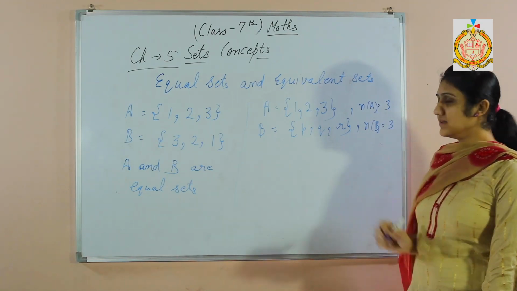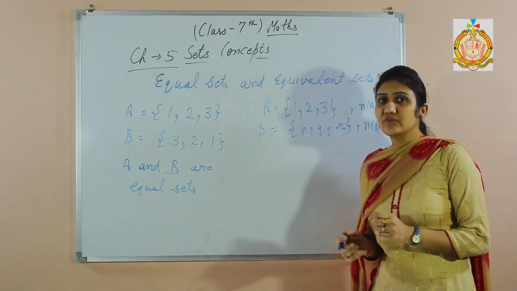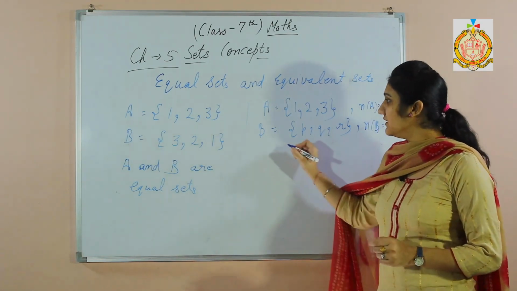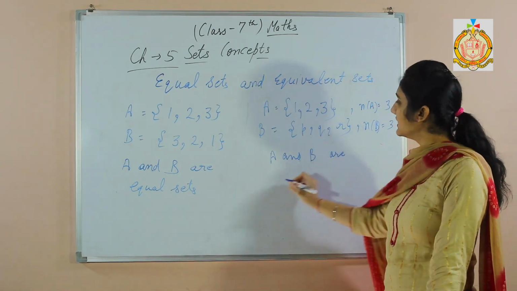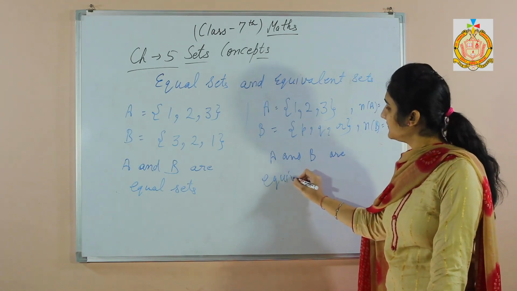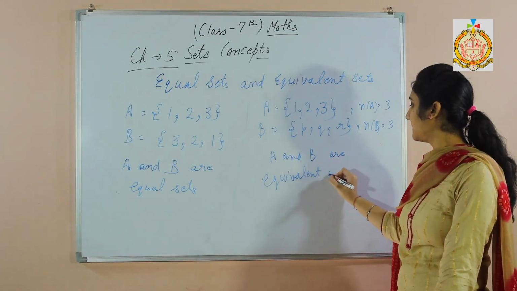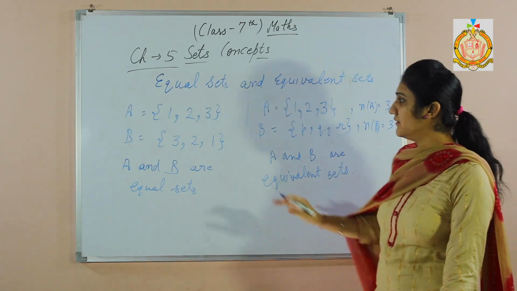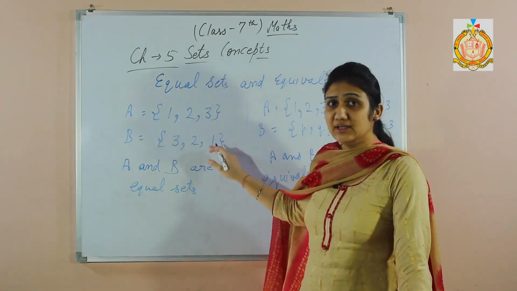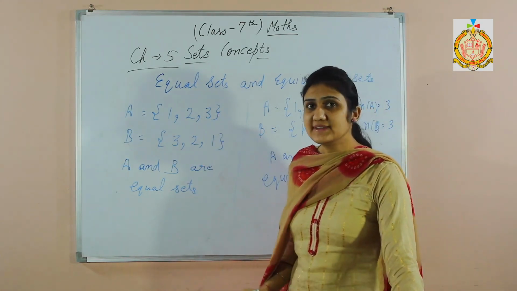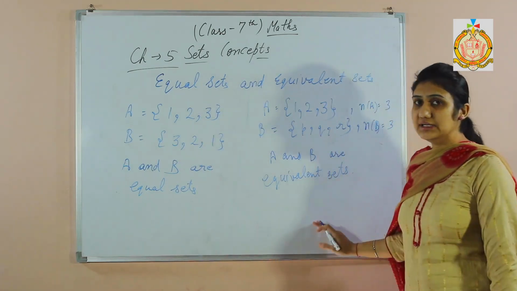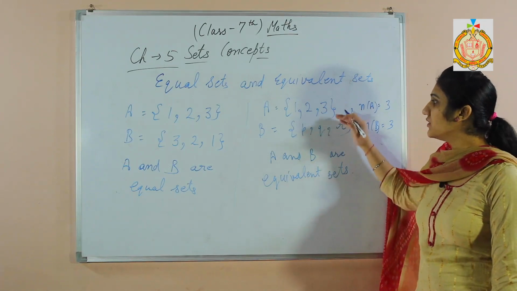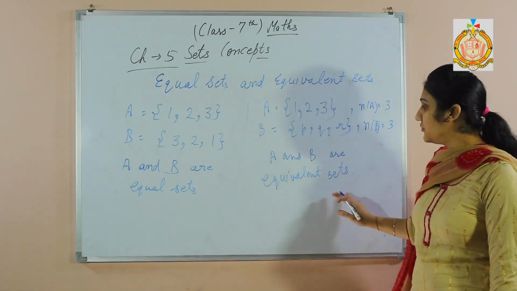So if they have the same number of elements, we can write A and B are equivalent sets. In equal sets, the cardinal number as well as the elements are the same. But in equivalent sets, only the cardinal number is the same but the elements are not equal.